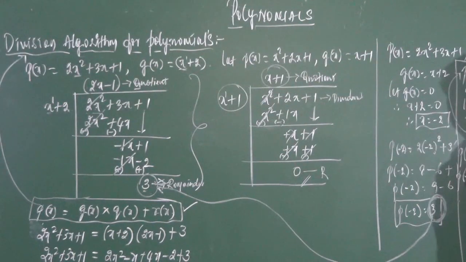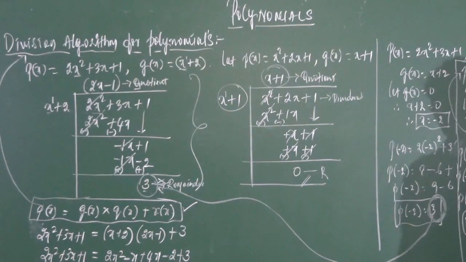So p of minus 1 is equal to 1, plus 2 times minus 1 is minus 2, plus 1. So 1 plus 1 is 2 minus 2. So p of minus 1 is equal to 0.